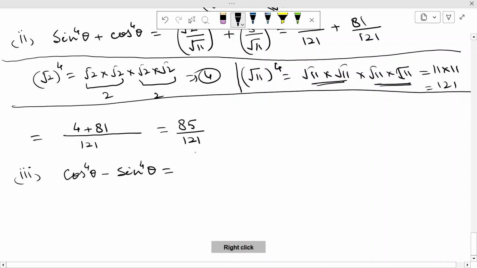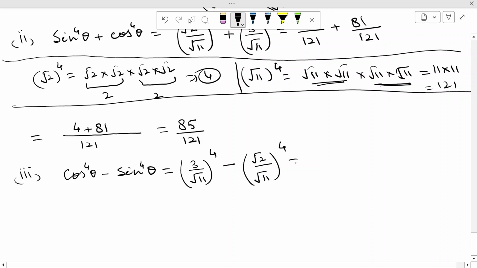So cos theta is 3 over root 11 to the power 4 minus sine to the power 4 theta, that is root 2 over root 11 to the power 4. So this is 81 over 121 minus 4 over 121.